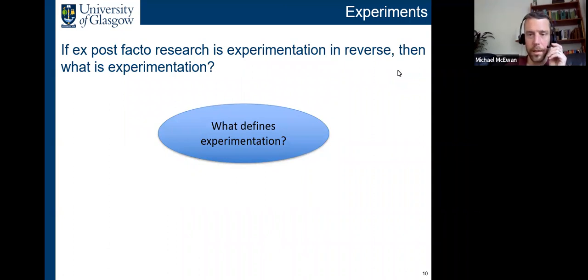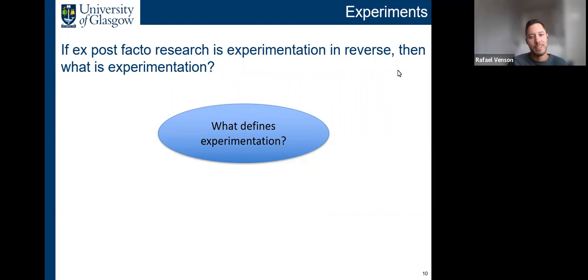Since we've got at least two scientists in the room, what's an experiment? What's different with an experiment compared to what we just discussed? I think you can design it.